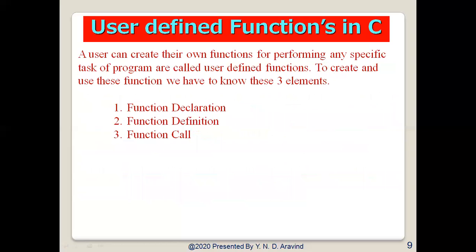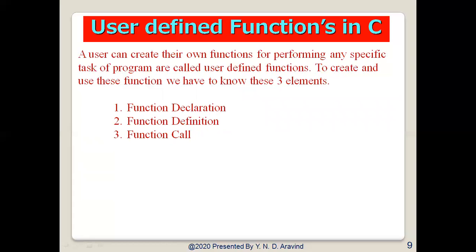Next, coming to user-defined functions. A user can create his own functions for performing any specific task. The functions defined by the user are called user-defined functions. The main function is a user-defined function, and printf, scanf, square root are library functions.